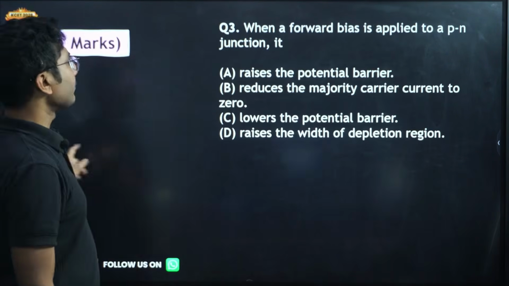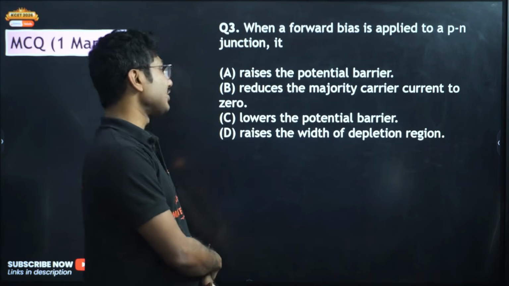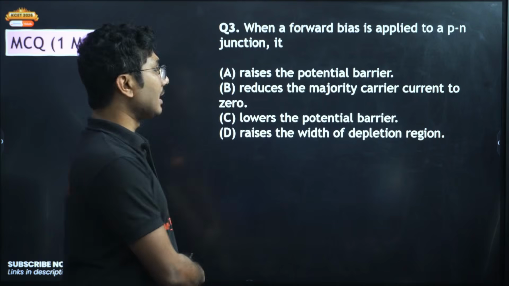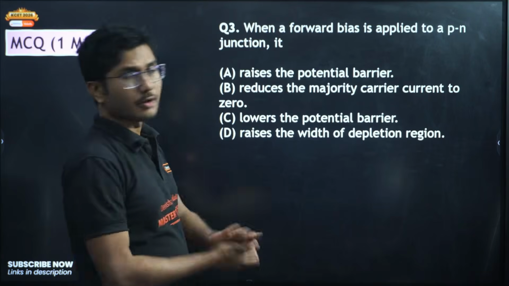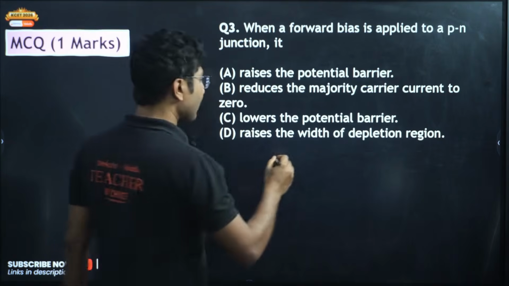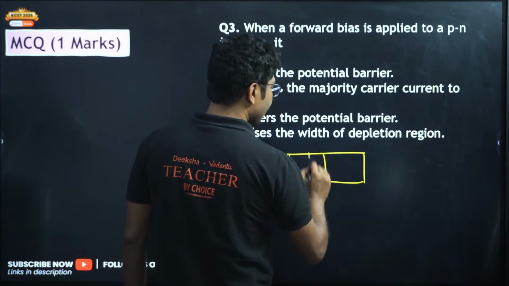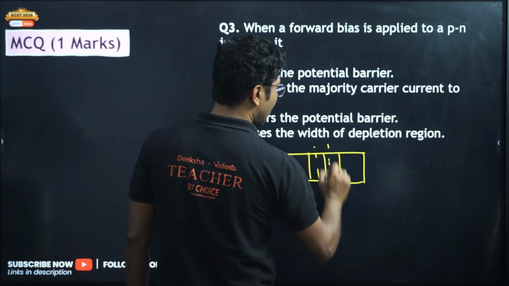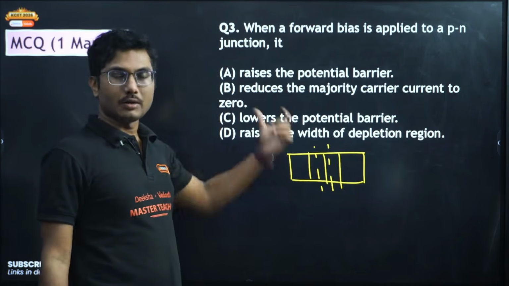Clear? Next question. When a forward bias is applied to a PN junction, it raises the potential barrier, reduces the majority current to 0, lowers the potential barrier, or raises the width of the depletion region. So what does forward bias mean? When you apply forward bias to a diode, its depletion region, which was wider, slowly starts to go towards 0 and slowly disappears when the forward voltage is sufficient.